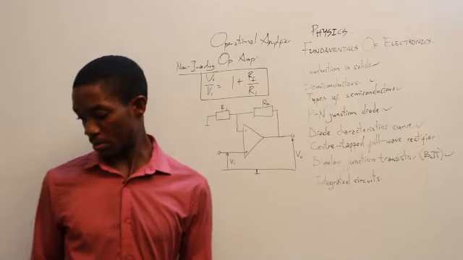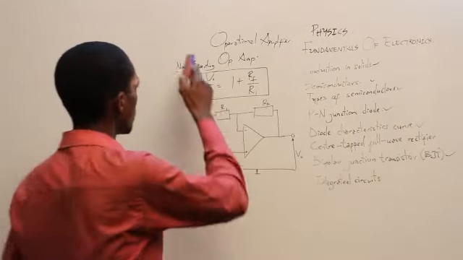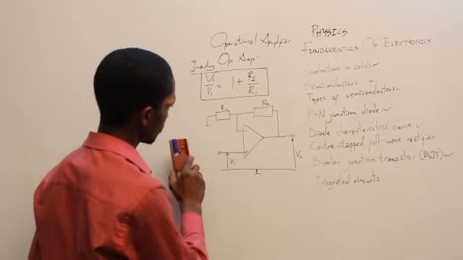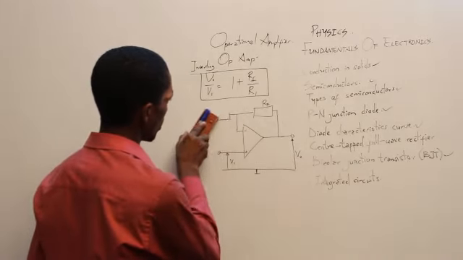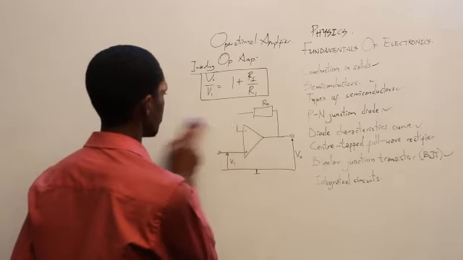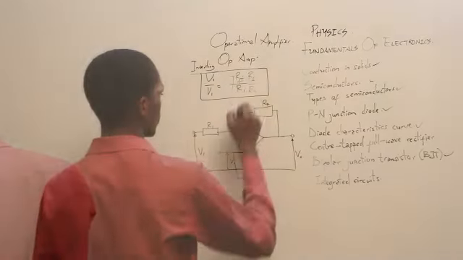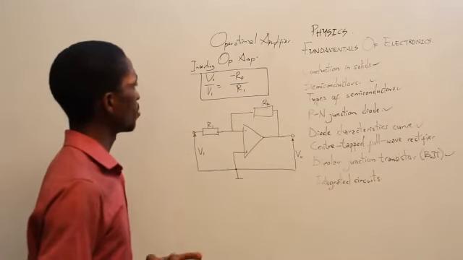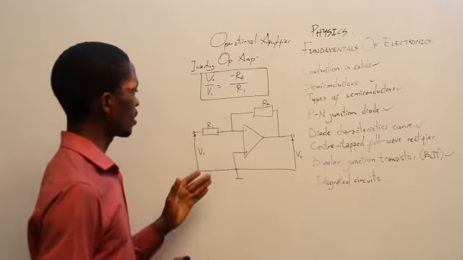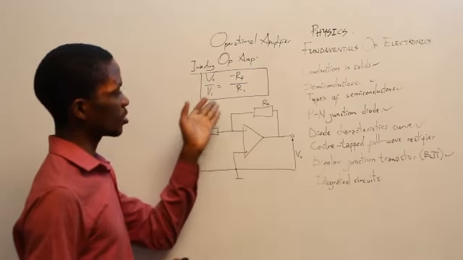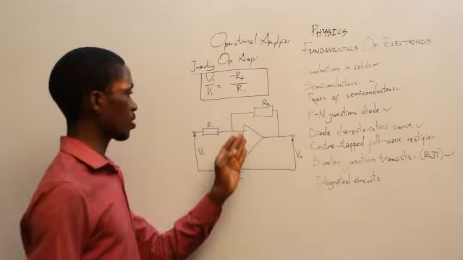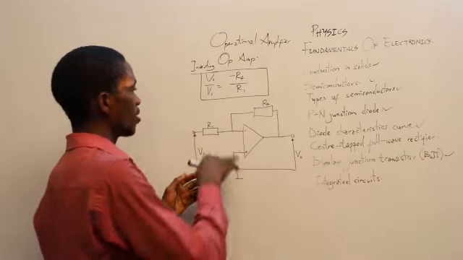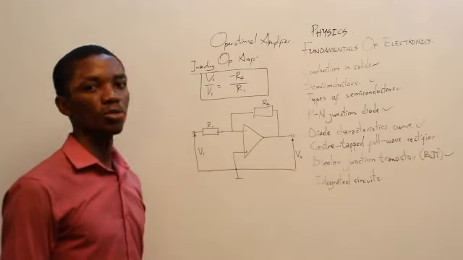But in the inverting op-amp, it's a little different. There's a little tweak in the inverting op-amp. We don't have our resistance here. Instead of our resistors being connected to each other in a kind of series connection, it now passes through a more complex system, resulting in a parallel connection of the resistors.